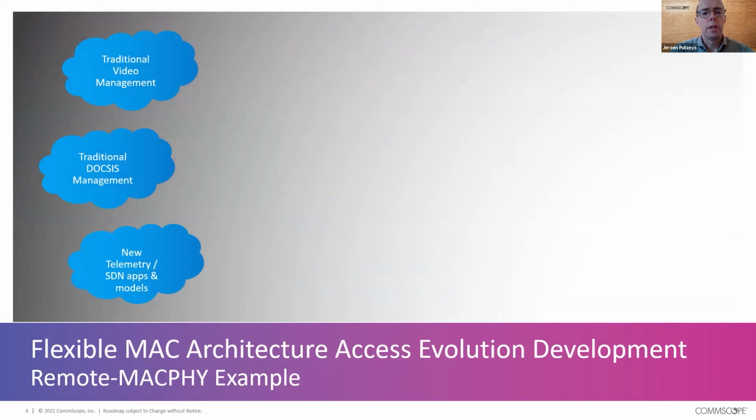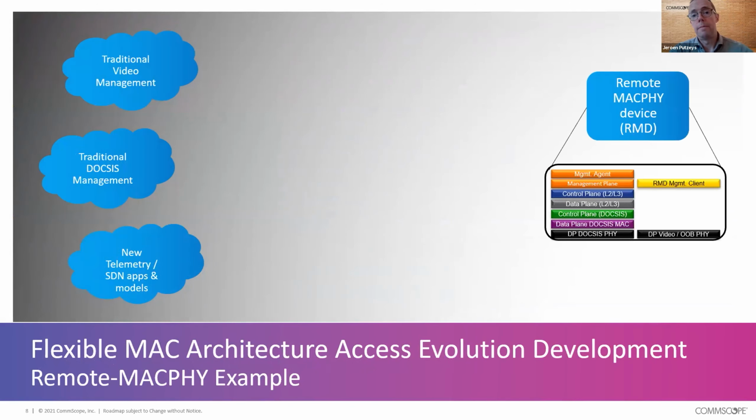So what we're showing on this next chart is an illustration of an access network example based on a remote MAC PHY RMD device, and how the evolution towards an FMA compliant architecture can look. This is a very high level view.